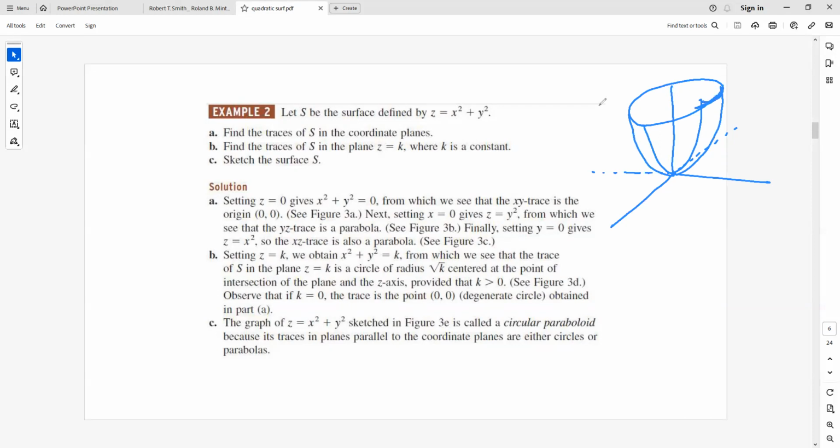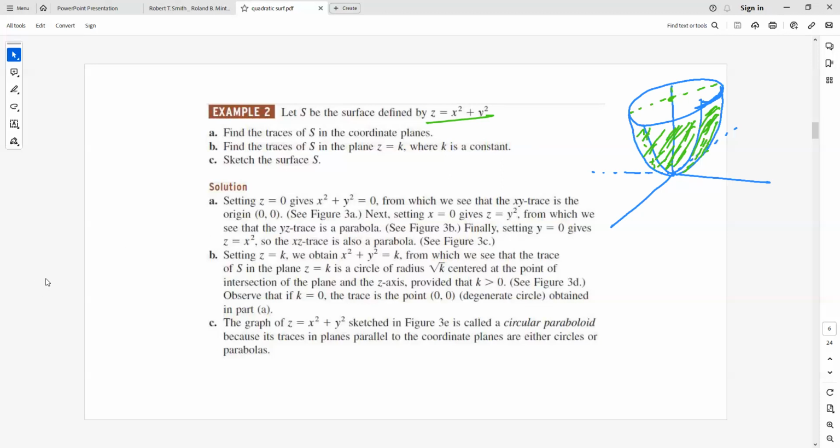Now we can see that this looks like a paraboloid, right? So we can just color it like this. So this surface is called a paraboloid, right? So this is how we can draw this surface, z equals x squared plus y squared, right?